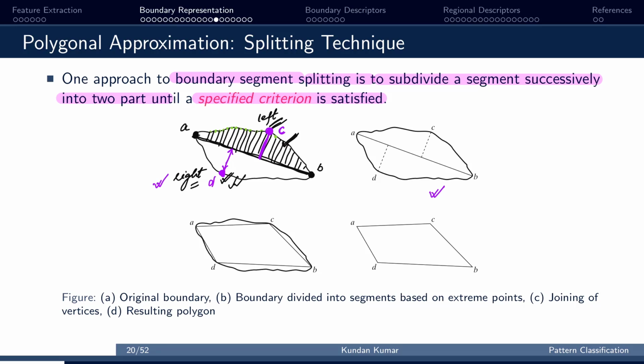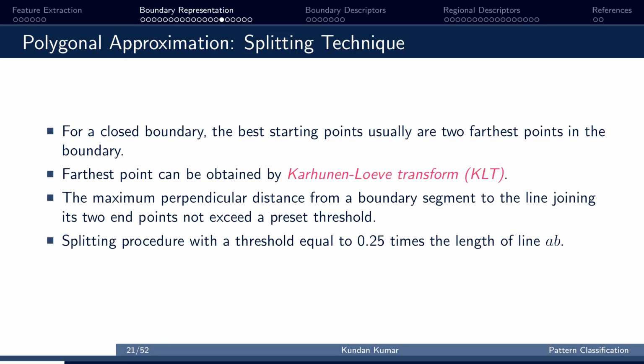That means we will get 4 points on the boundary, and when we join these 4 boundary points, then we will get a polygonal approximation with 4 line segments. So this polygonal approximation is for a closed boundary, and here we have seen that the best starting point is usually the 2 farthest points in the boundary.